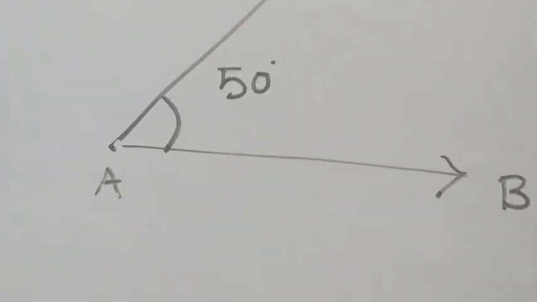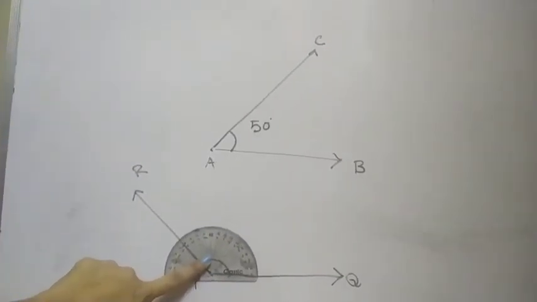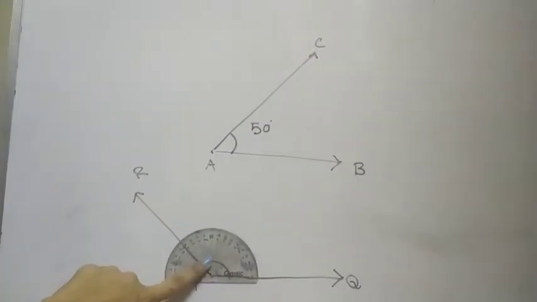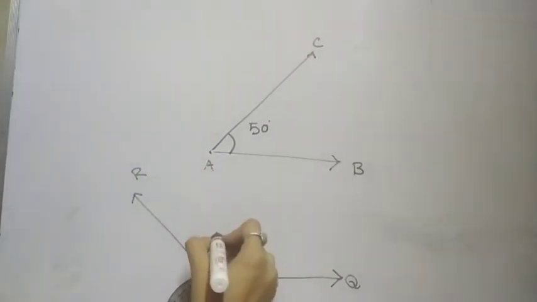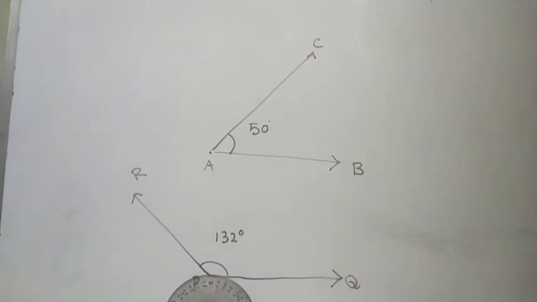I don't know whether you will be able to see or not. So it is almost 132. So this is greater than 90 degree, and we can say this is an obtuse angle. By this we have to measure the angle between two hands.